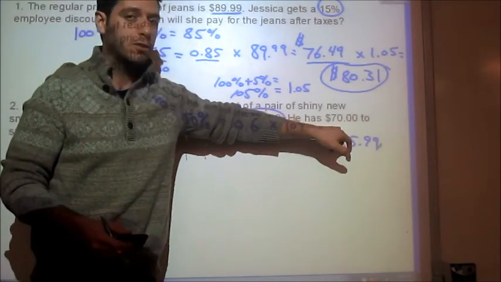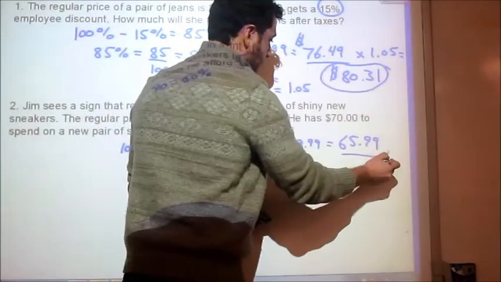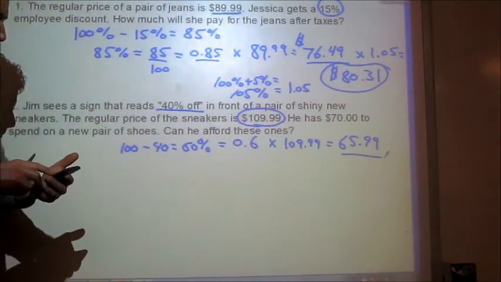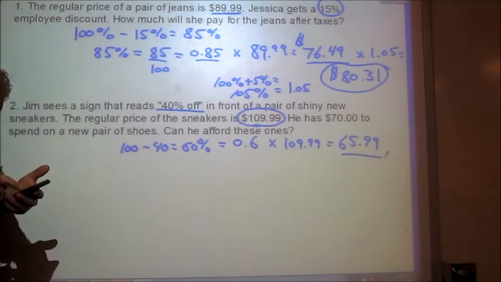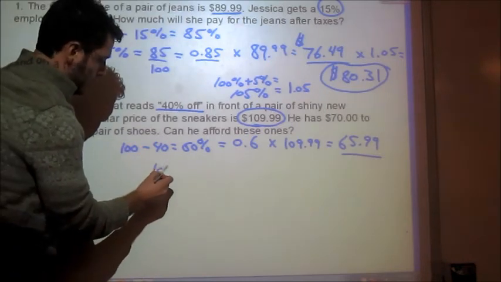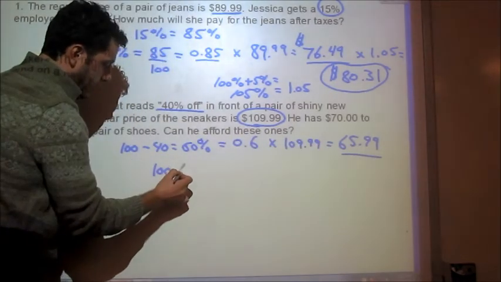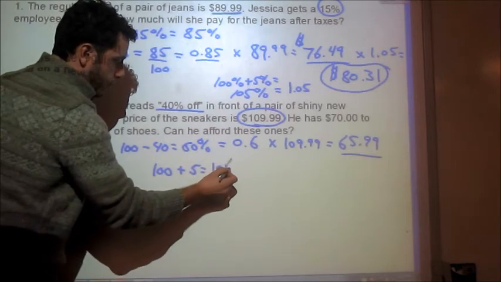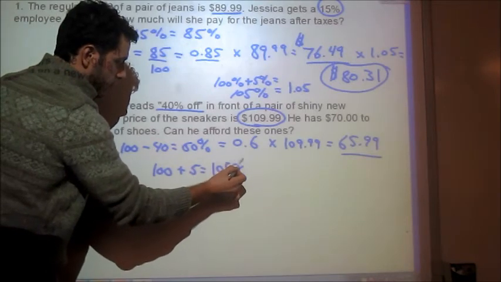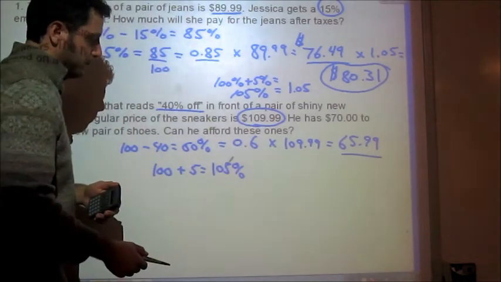He's got $70. But that new discounted price does not include the tax. Let's also assume that Jim is in Alberta, where we pay 5% GST. So take the new 100%, the new discounted price, add 5% GST to it, and you'll find that you're looking for 105% of this discounted price.